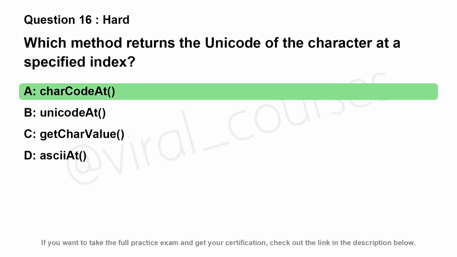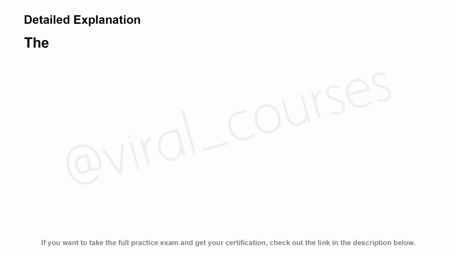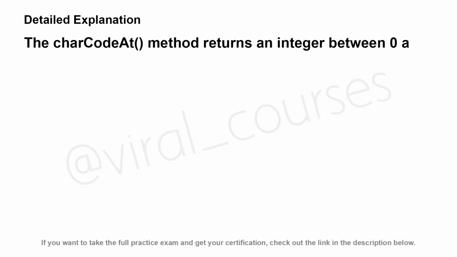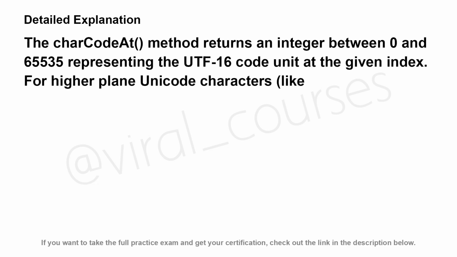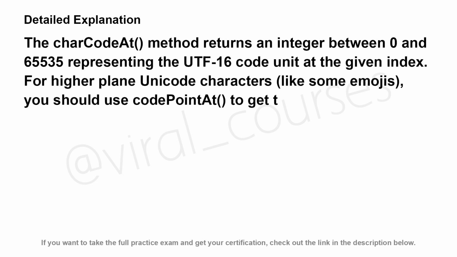The correct answer is A. The charCodeAt method returns an integer between 0 and 65,535 representing the UTF-16 code unit at the given index. For higher plane Unicode characters, like some emojis, you should use codePointAt to get the full code point value.